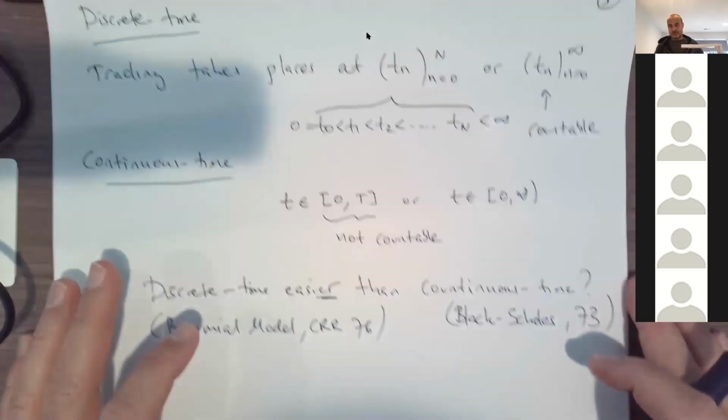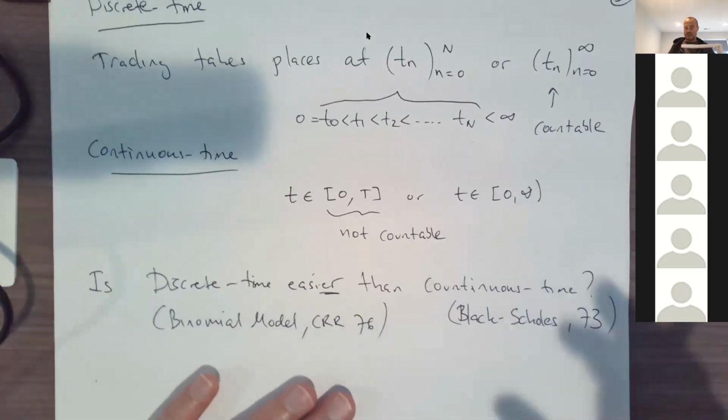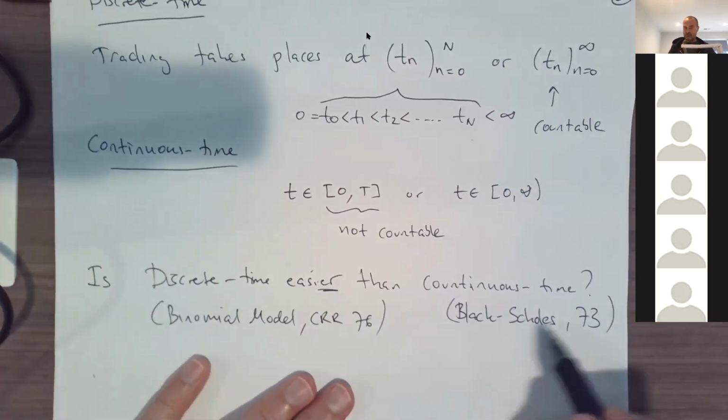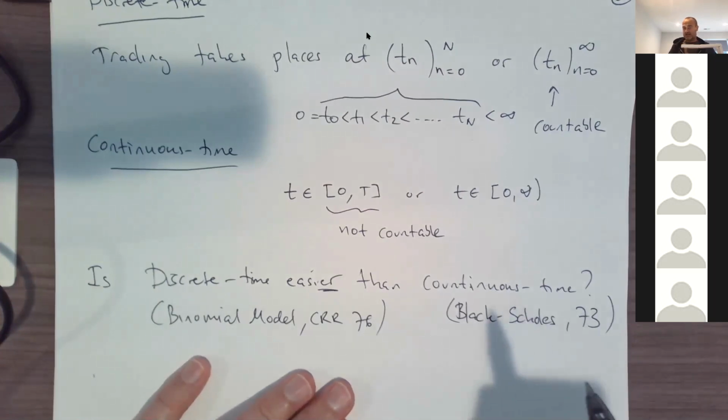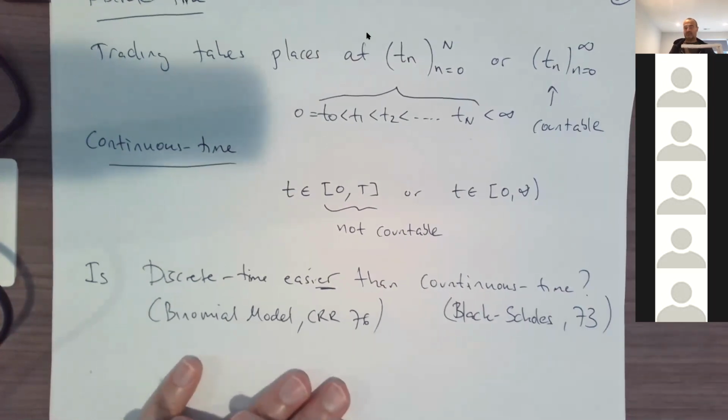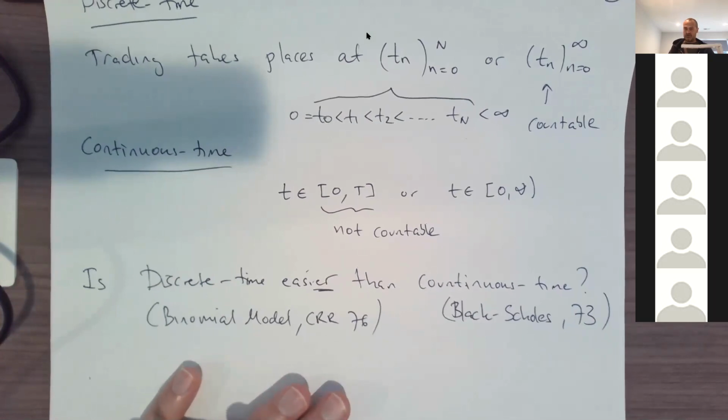I should contrast this even further by saying that even though Black-Scholes is undoubtedly the most important model that you're going to see, there is a model that goes way back.